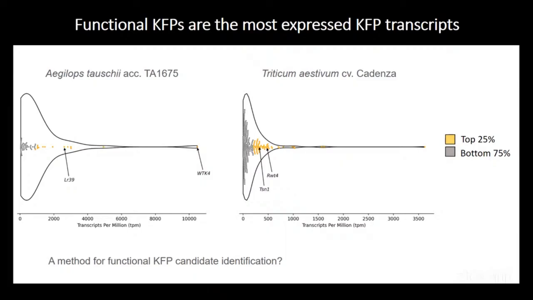So this is a hallmark, a feature that could be used to speed up the cloning and identification of kinase fusion proteins. Because if you have an interval that you have genetically defined and you project that genetic interval onto a physical genome, you can annotate the genes in that region and look at their expression to help identify the best candidates.